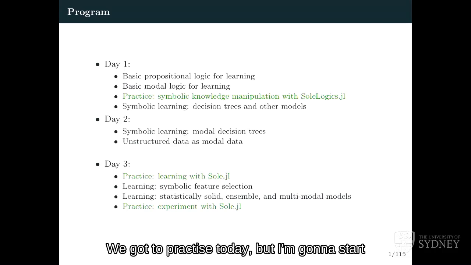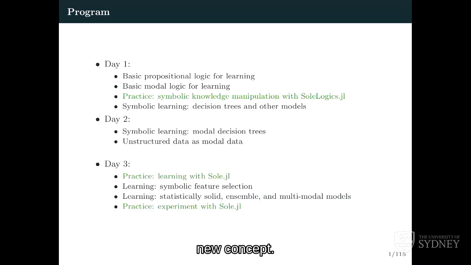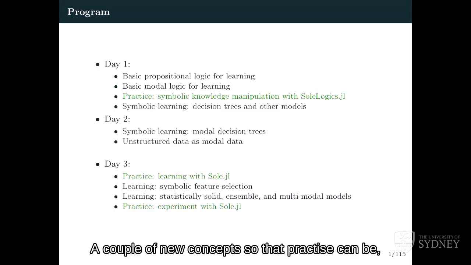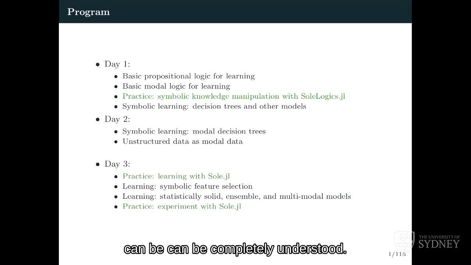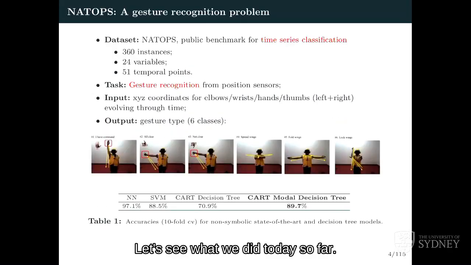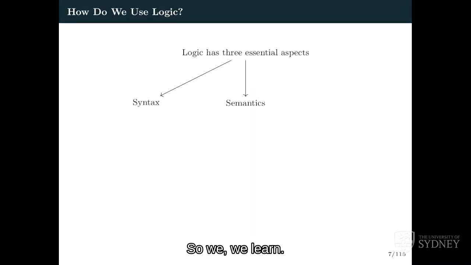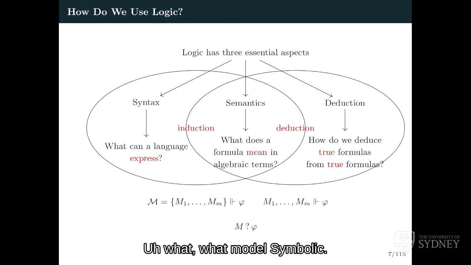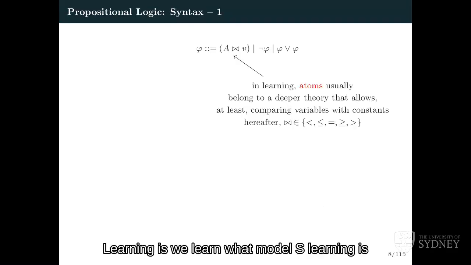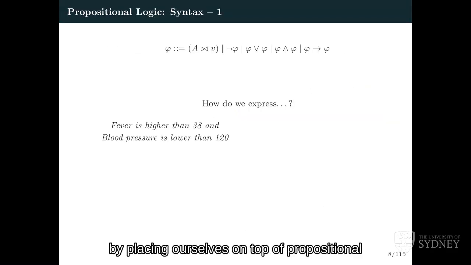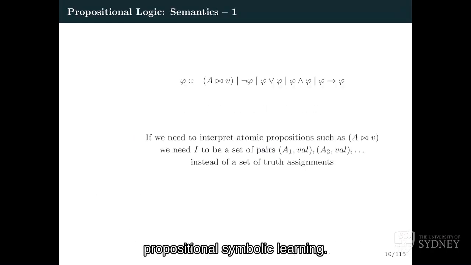But I'm going to start anyway because I have to introduce a couple of new concepts, so that practice can be completely understood. So let's see what we did so far. We learned what modal symbolic learning is, by placing ourselves on top of propositional symbolic learning.